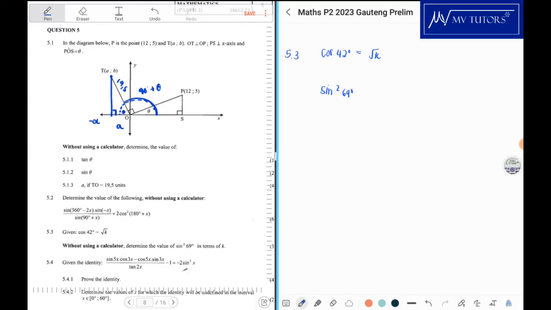Because in cases like these, I'd be tempted to start off with my triangle, put in my 42 degrees, and say that it is adjacent over hypotenuse, so that would be root k over 1. But how does that help me to get to 69? Because 42 plus 69 is not going to give me 90 degrees.